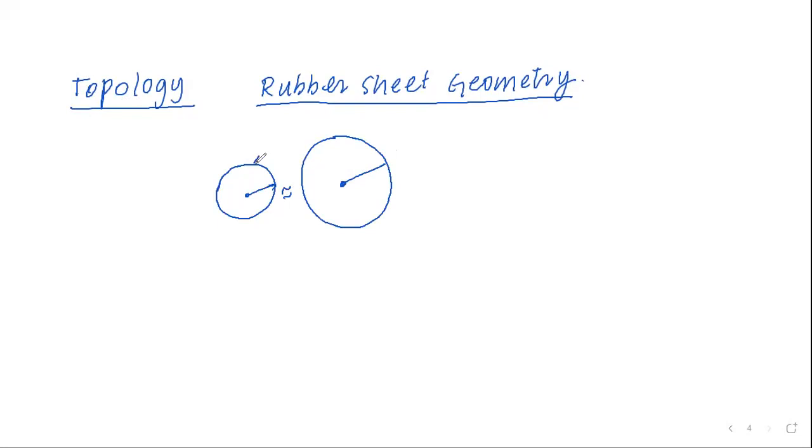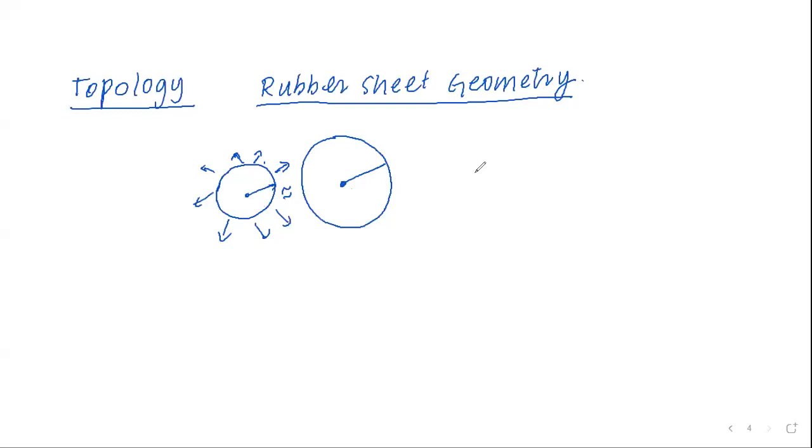आप इसको let's suppose that this is a rubber sheet type of the circle. So अगर आप इसको expand करेंगे, you can make it a circle of any radius, or if you shrink it, you will make it a circle of any smaller radius. Okay. So the only thing which is not allowed is that you deform one object to the other by tearing: you can stretch and shrink, but you cannot tear, you cannot make a hole, you cannot cut.